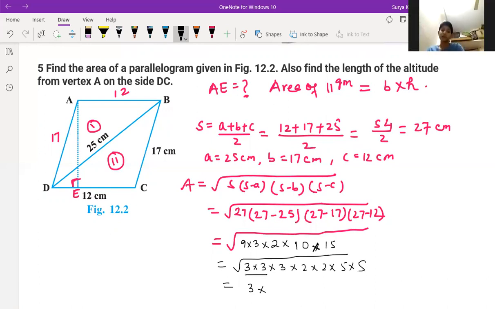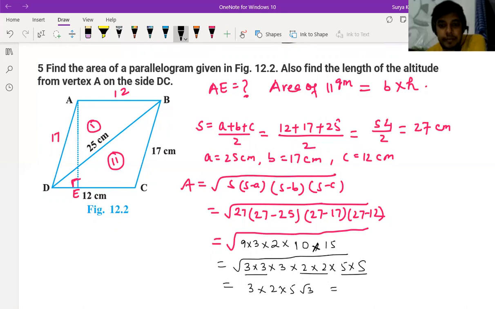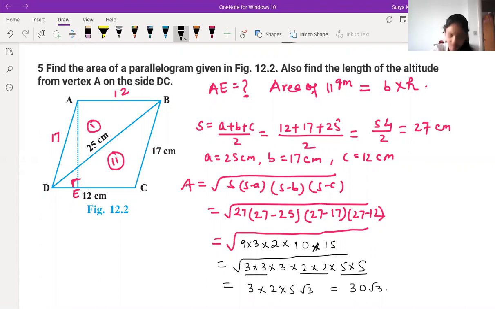18 root 5, sir. I'm getting 30, sir. 90. I got 60. Okay, see where I made a mistake.